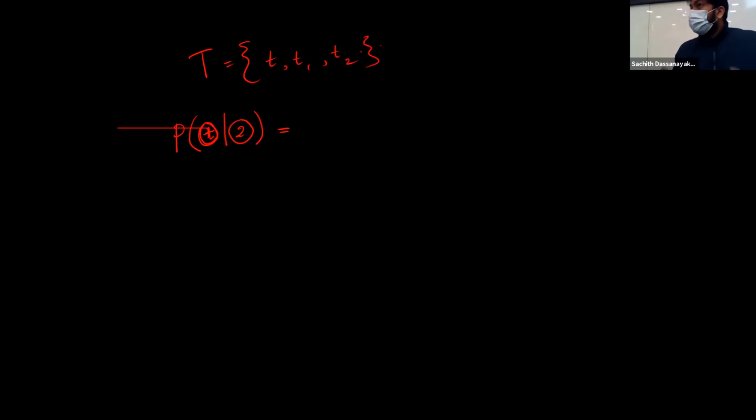Number one has partitions. So I need a particular event, let's say simple T. Capital T is the total event, and it has partitions T1, T2, and so on, which are mutually exclusive.